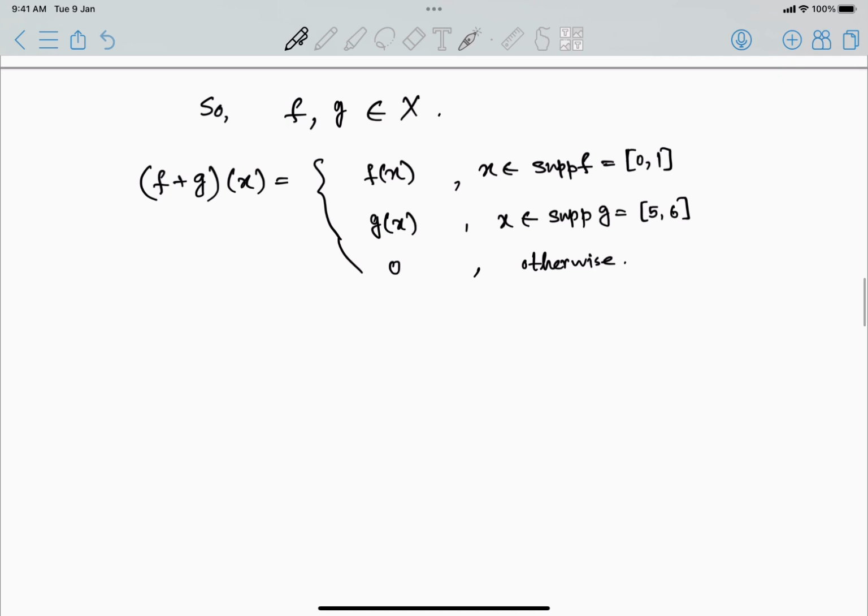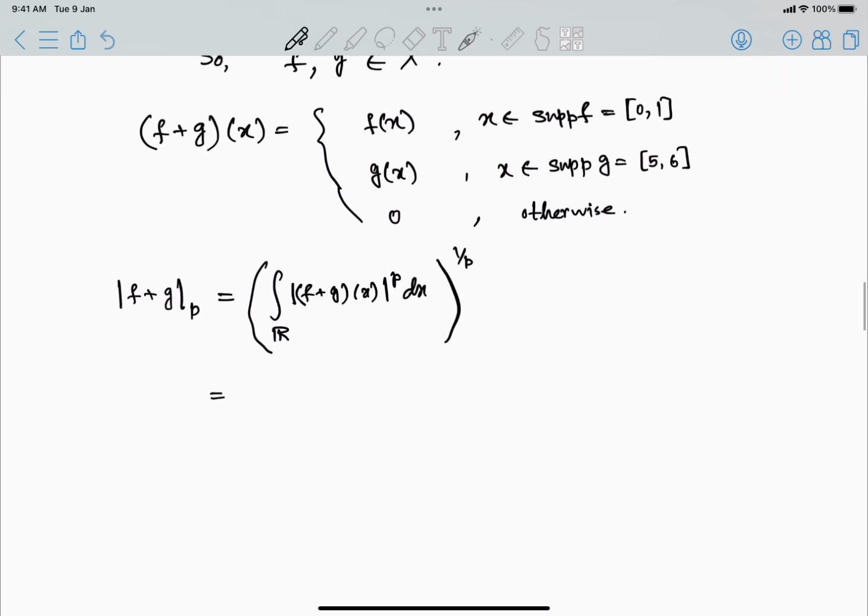Right. So what will be this integral? Meaning, what is the norm of f plus g to the power p? By definition, this is the integral over R of |f plus g|(x) to the power p dx, all to the power 1 by p.